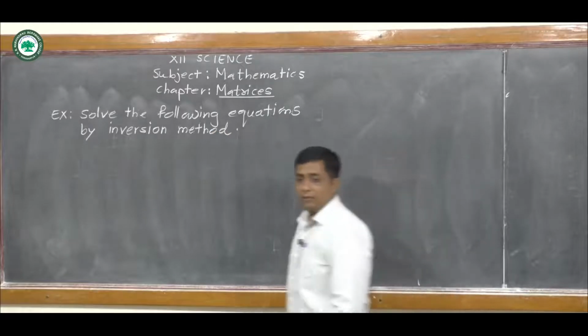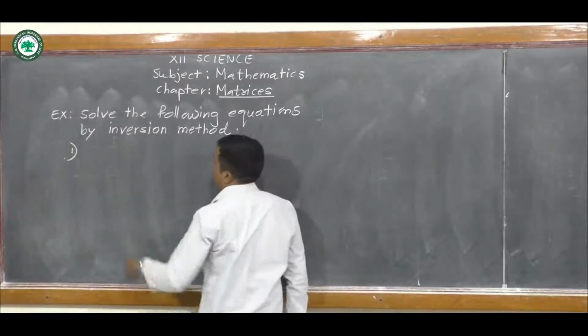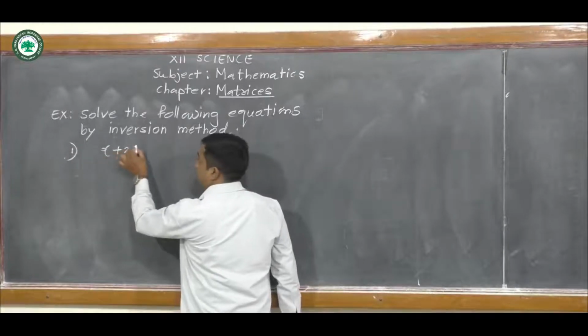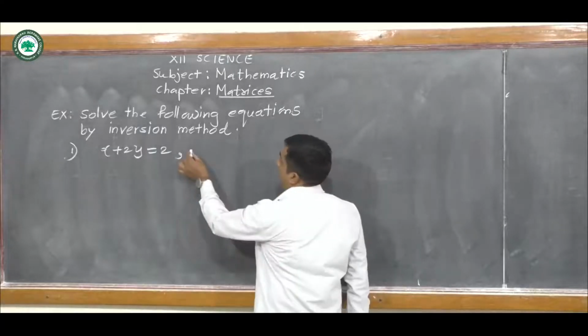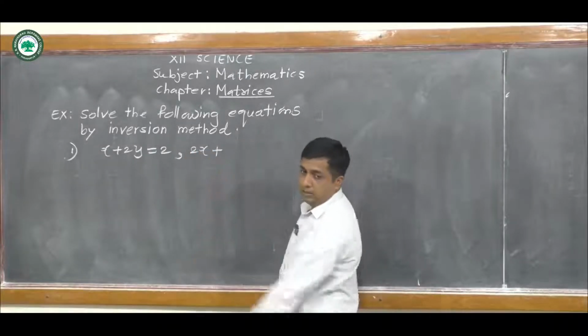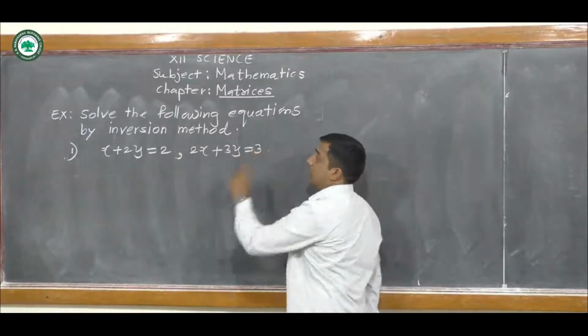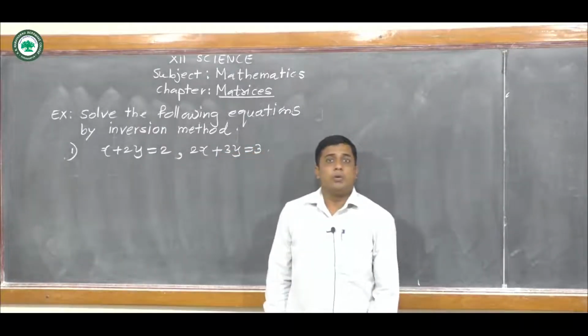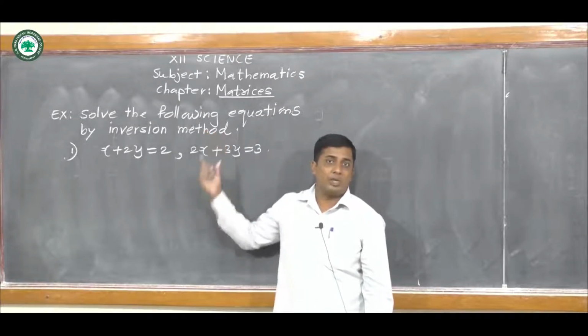The first equation is x plus 2y is equal to 2, and the second is 2x plus 3y is equal to 3. Now we have to solve these two equations by using the inversion method.